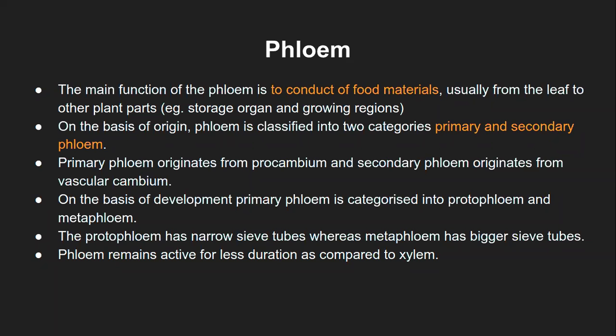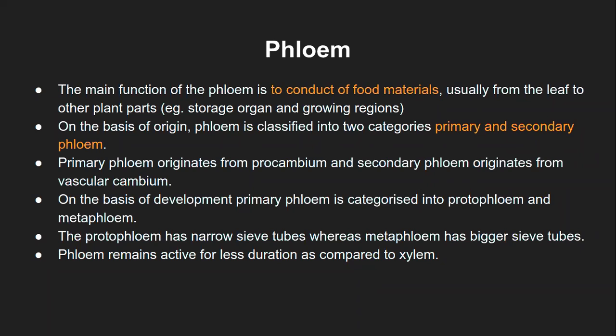Now, on the basis of development, again, primary phloem is categorized into protophloem and metaphloem. This is again something similar to your xylem. And the protophloem has narrow sieve tubes. Again, this description we will see later when we see the components of phloem. Xylem had components of tracheids, vessels, fibers, and parenchyma, 4 components.